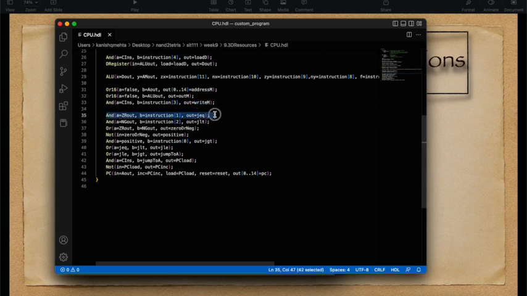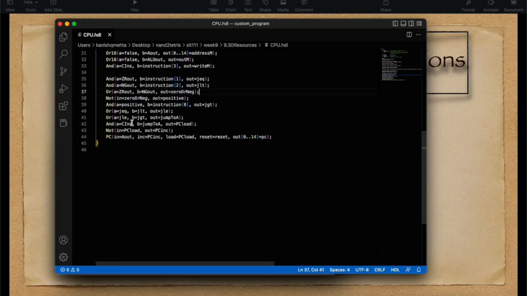Next is our AND gate. This AND gate starts executing if the ZR out and instruction 1 are equal, and this AND gate also starts executing if the NG out is less than the instruction. Next is our OR gate, which indicates that our output is 0 or negative.